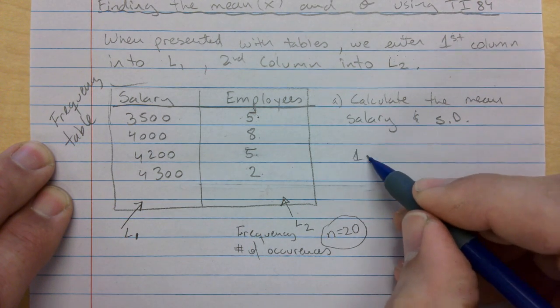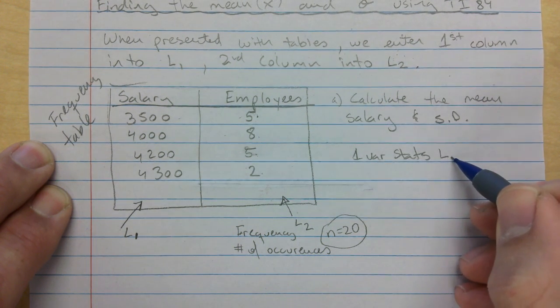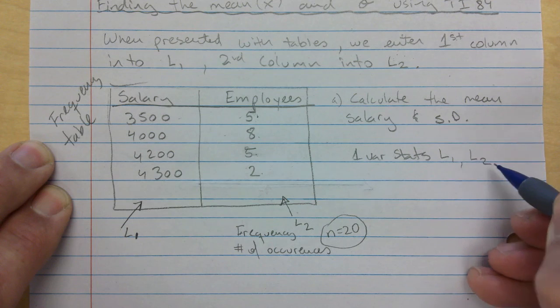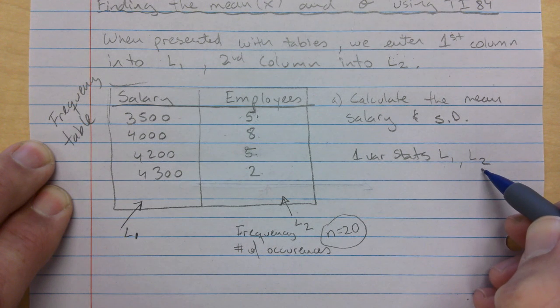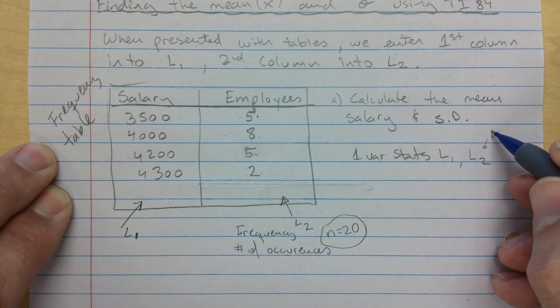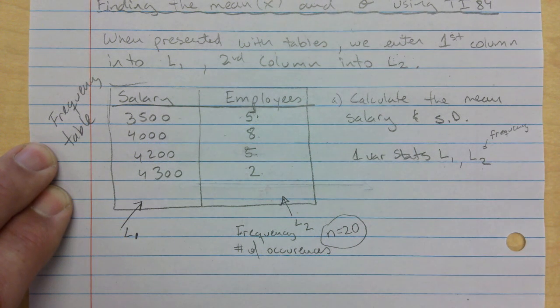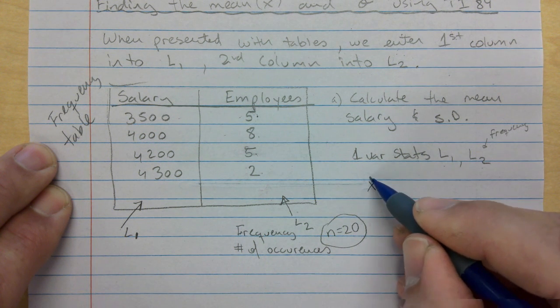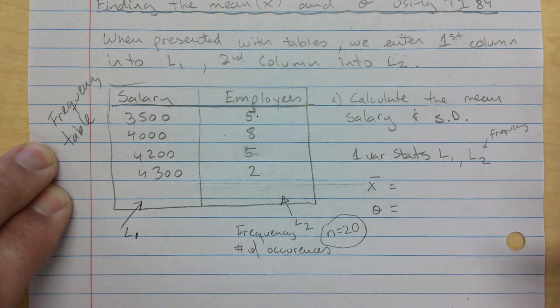So we go one variable stats, and we go L1, comma L2. Data, frequency. This is the frequency. So let's come up with our average and our standard deviation.